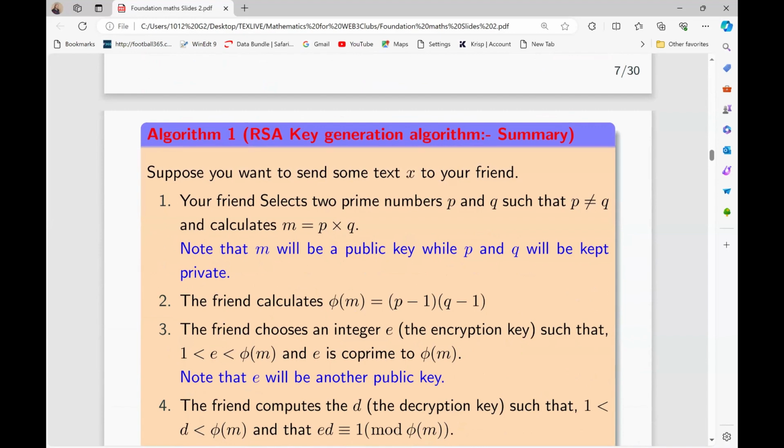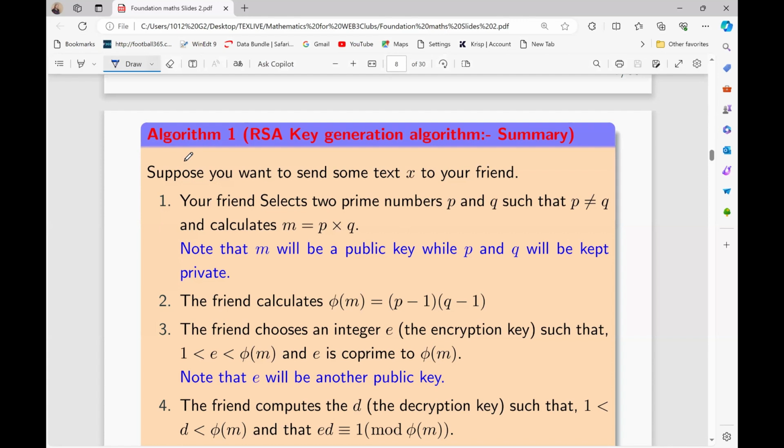Now, I said, for example, supposing it's you that wants to send a communication to your friend. So your friend is to receive communication from you. If that is the case, then your friend is the one to set the public keys and then send to you. There are two public keys that your friend is supposed to create and then send to you.